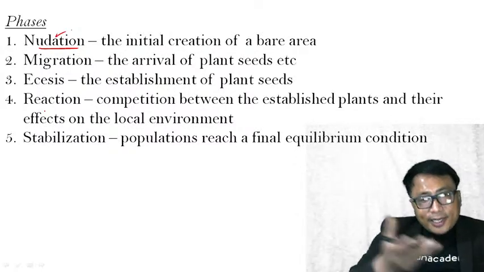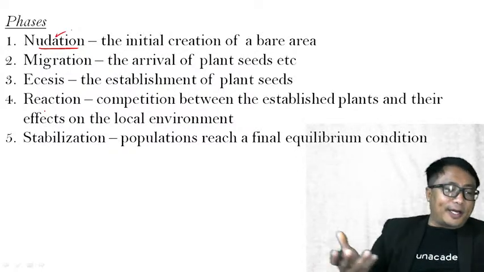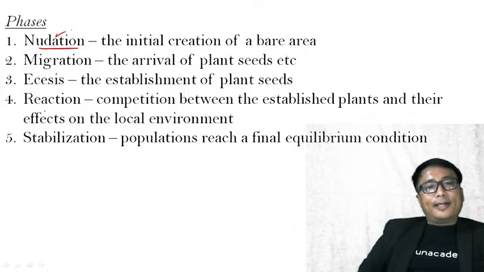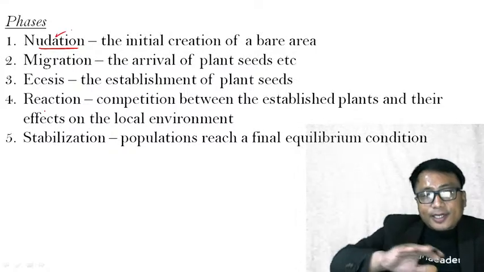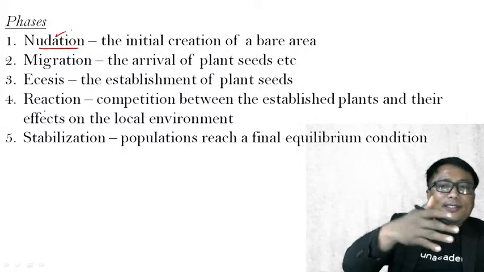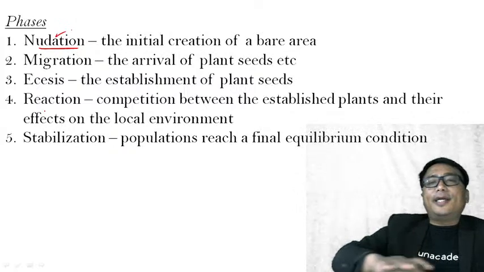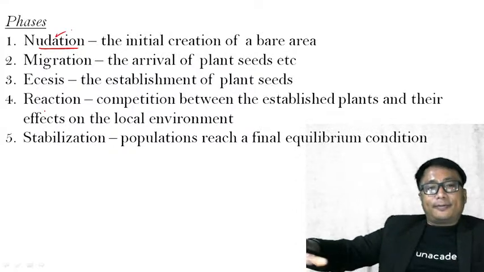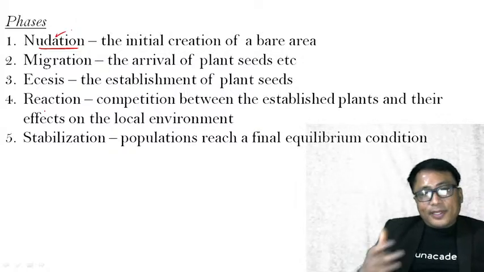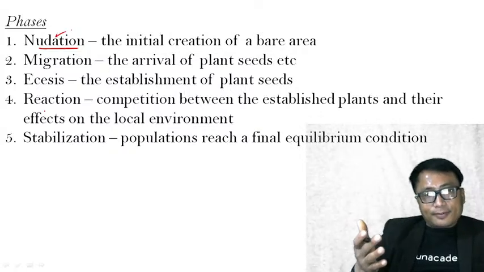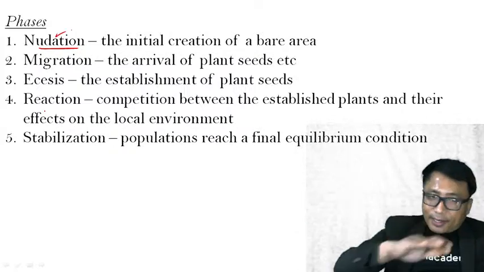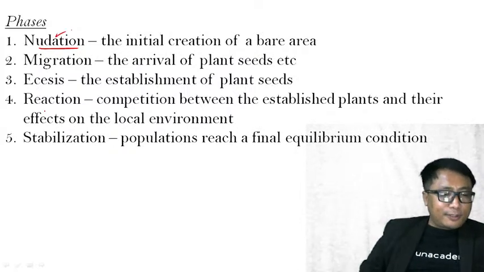So the creation of this initial bare area is known as nudation. Clear? Or in secondary succession, it can be an area where the previously present vegetation or organisms have been abruptly removed, and that is how it has been prepared. That is known as nudation.